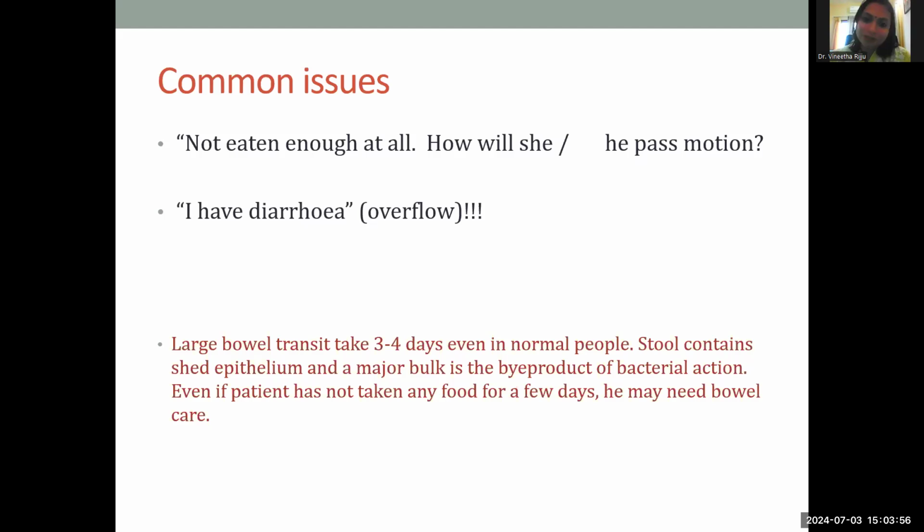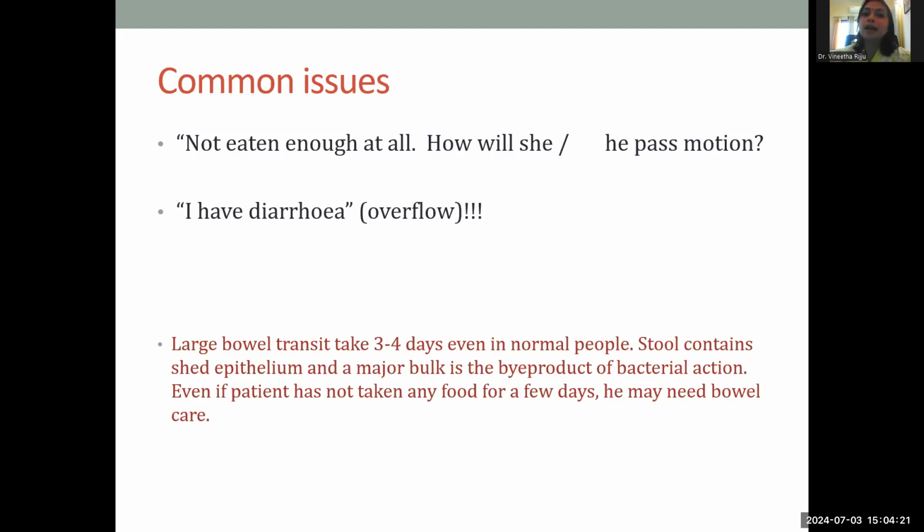All of you must have had to face this question. Now, what you need to make them understand is that even if the patient has not had enough food, there are intestinal secretions which could further lead to stool formation. So that has to be made to understand.